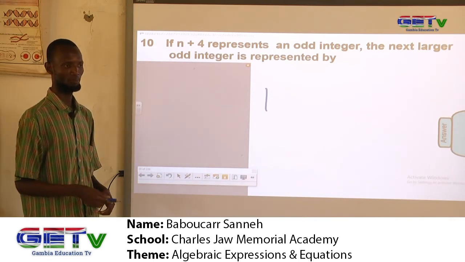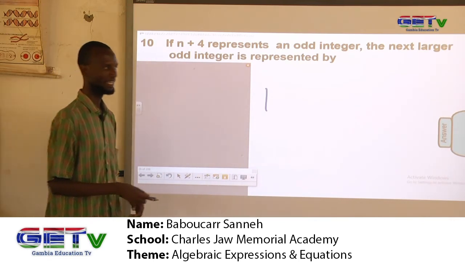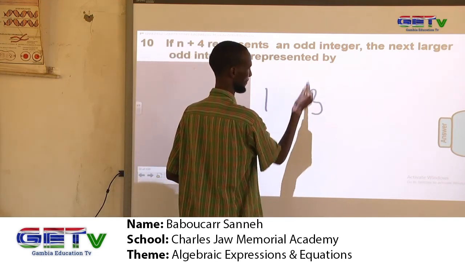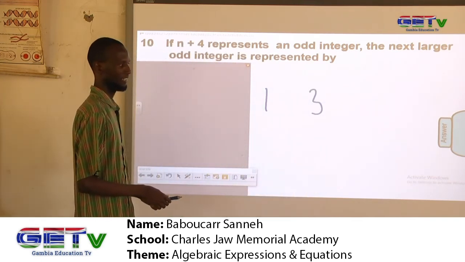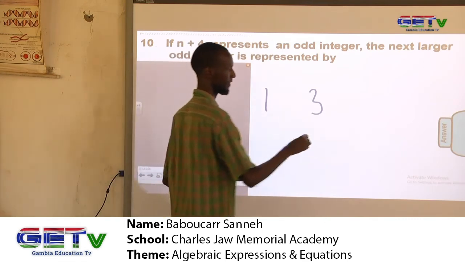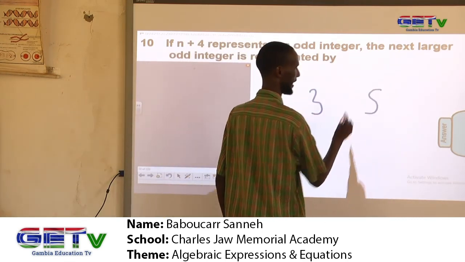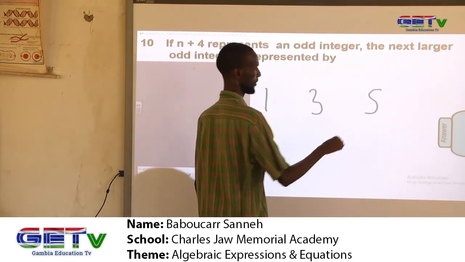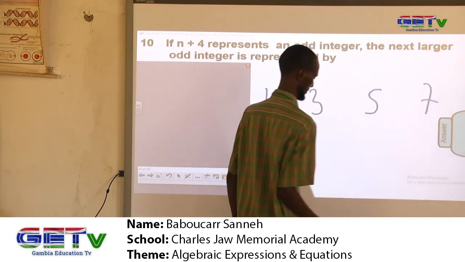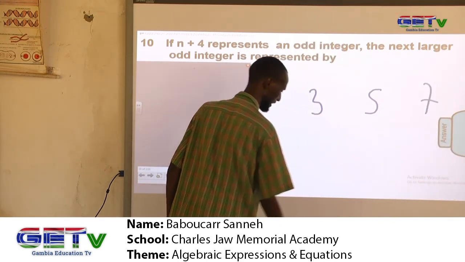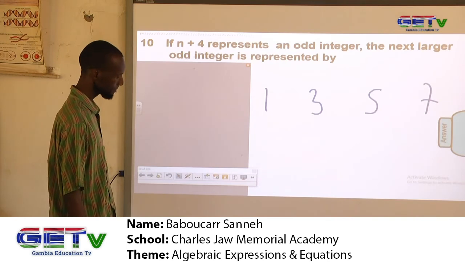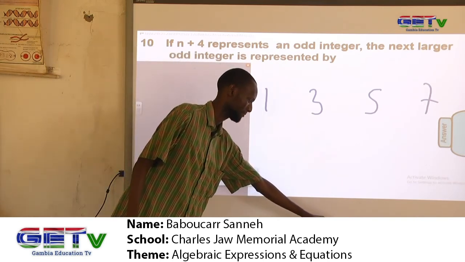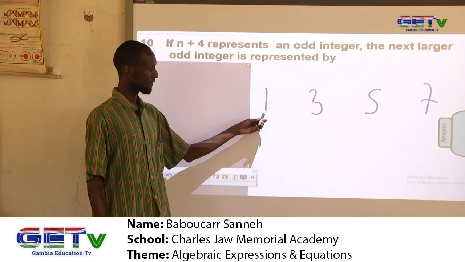The next odd number after 1 would be 3. The next odd number after 3 would be 5. And then we will have a 7. Now, these are all consecutive odd numbers. Now, what is the pattern there?